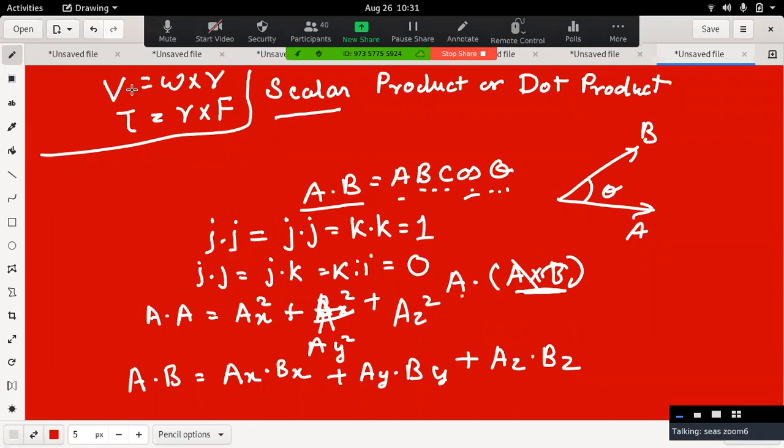So A dot another vector which is perpendicular to A will be 0. Similarly, B dot (A cross B) will also be equal to 0.